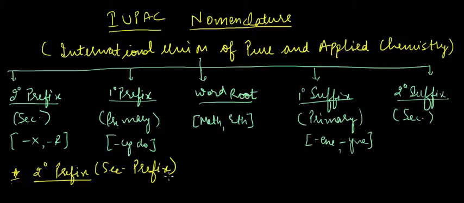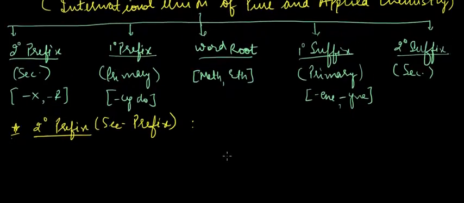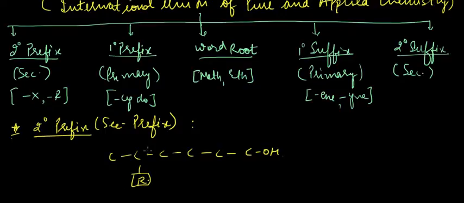Okay, so in 2-degree prefix, suppose we have a chain like this, and we have some substituent here, and the number of carbon atoms in this substituent is such that even by including the number of carbons in this substituent, the longest chain still remains the above one. Hence, using these assumptions, we have to write this as a substituent.